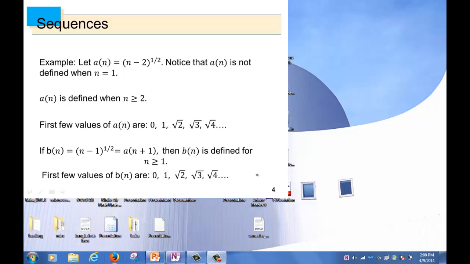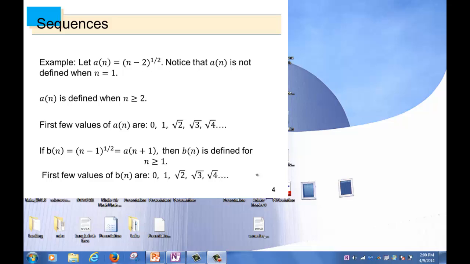So let's look at this example here. Here I have the function a of n to be the square root of n minus 2, that is, n minus 2 to the half. Notice that this function a is not defined when n is 1, because when n is 1, you obtain negative 1 to the half, which is not a real number.